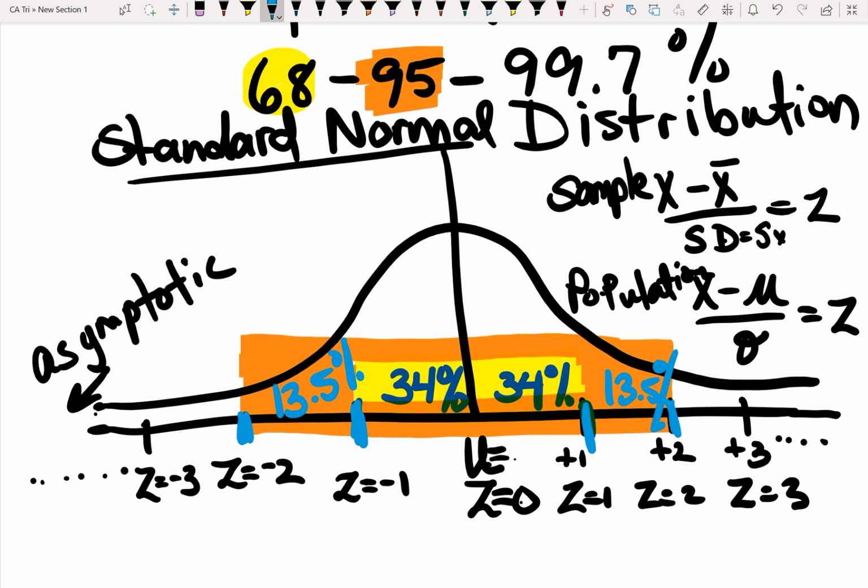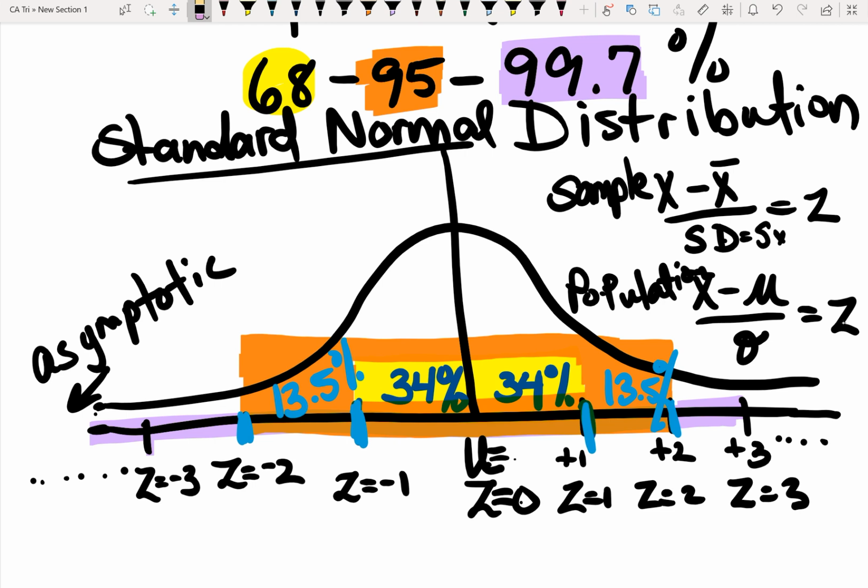Okay, and lastly, I'll do this in the lavender color. The 99.7% basically encompasses all of this area. So, I'm sorry, I went too far. I know it's taking so long.